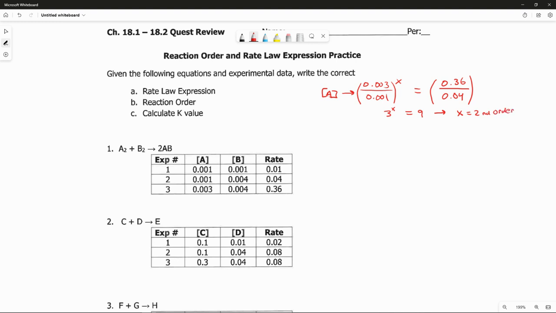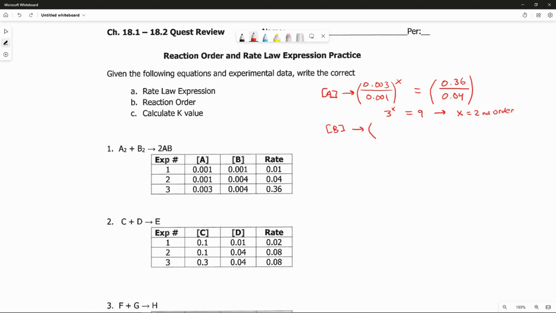Alright, let's take a look at B. Same process here, the same exact math principles, except we use different numbers. This time we want the concentration of B to change and the concentration of A to stay constant.